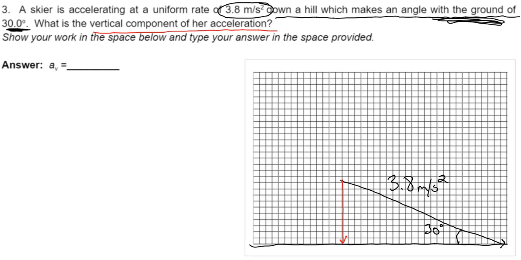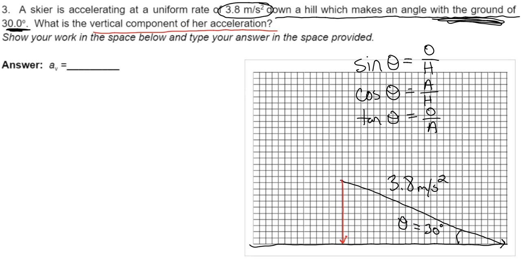Now, we have enough information to do this. We're going to need to use a trig function just like we've done before. Our three trig functions: sine of theta is equal to the opposite over the hypotenuse, cosine of theta equals adjacent over hypotenuse, and tangent of theta is equal to opposite over adjacent. Let's take a look at what we have. We know our angle theta is 30 degrees.